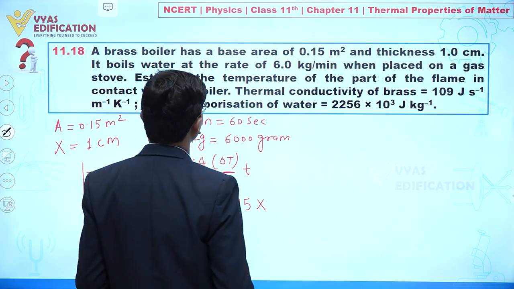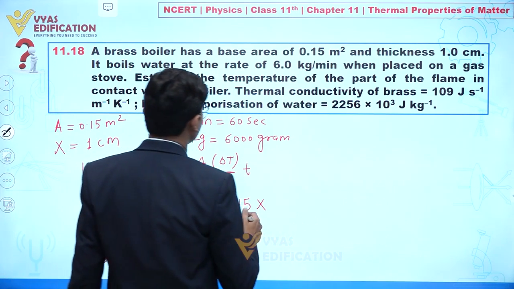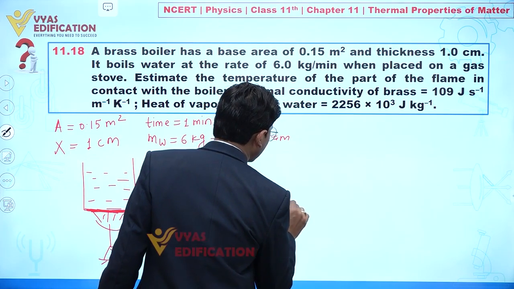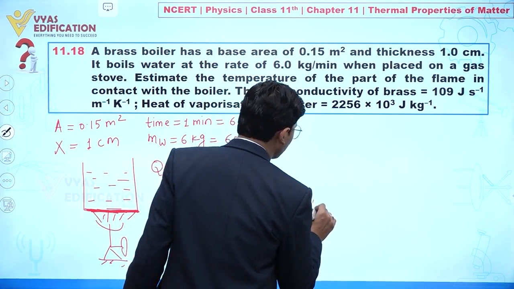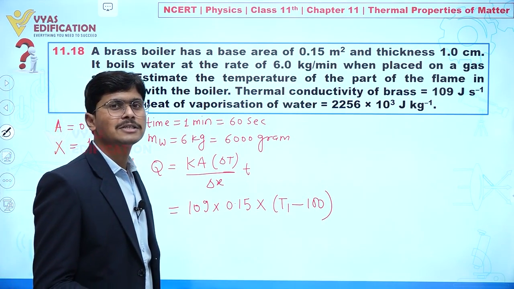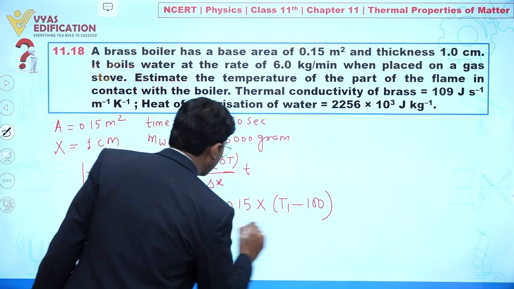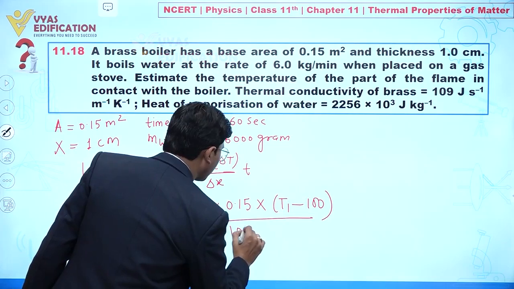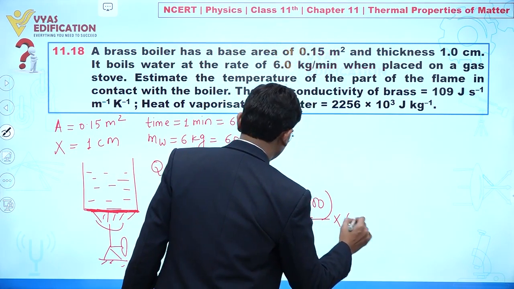Let's suppose the temperature of the flame is T1. Because water is boiling, water always boils at 100 degrees Celsius if atmospheric conditions are not changing. Divided by the thickness, 10 to the power minus 2 meter, and multiplied with time, which is given as 60 seconds.